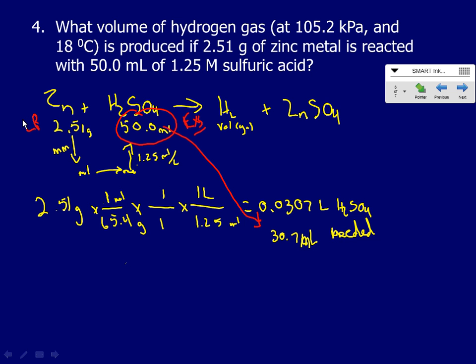So, limiting reagent. What does that mean? It means we're going to head over to here, to moles, and then I'm going to stop, and then I got to put that in PV equals nRT.